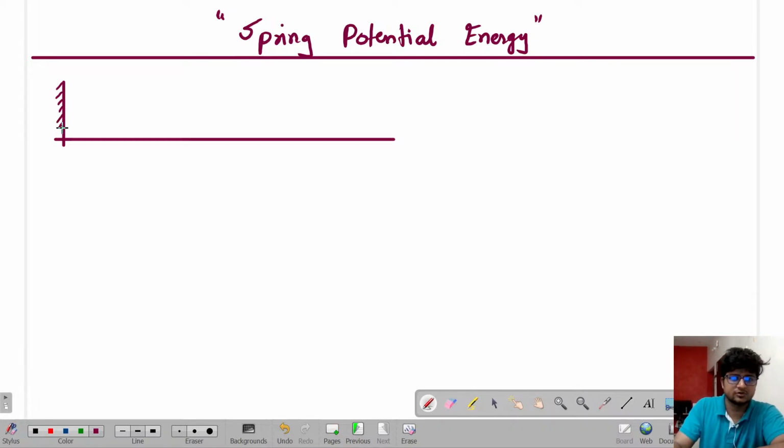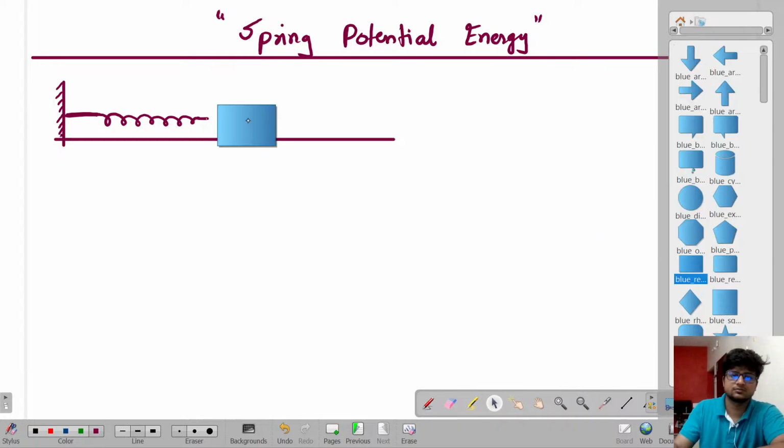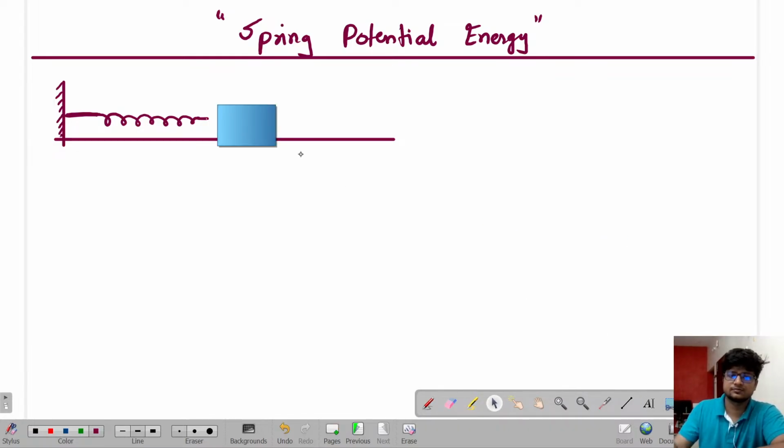Simple idea. Let's suppose I took one spring, I attached it with one of the blocks, and this mass is at its natural length state.